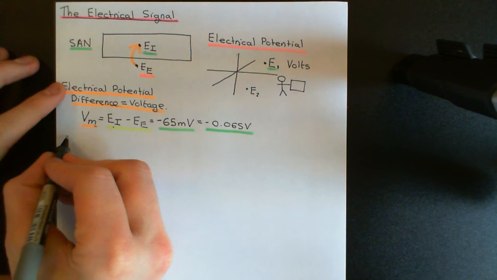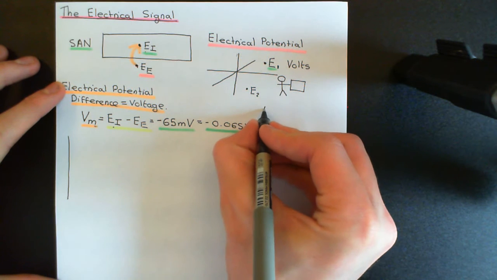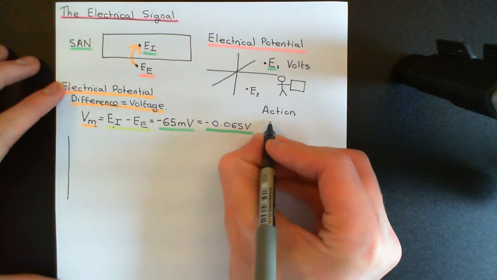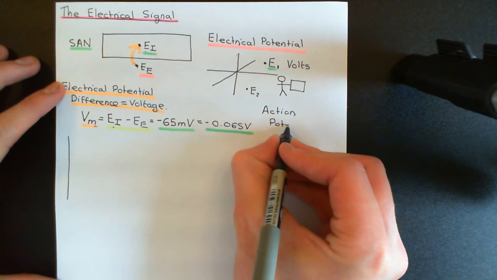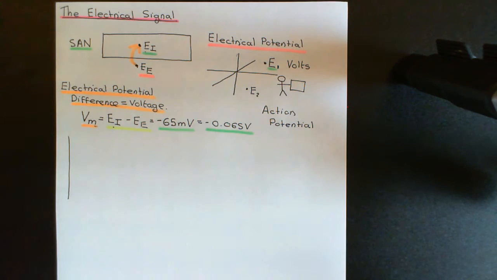Okay, so often when we talk about things like this, and by the way, now will probably be a good time to introduce a key phrase, action potential. The action potential is the name that we give for this transient change in the electrical potential difference across the cell membrane.